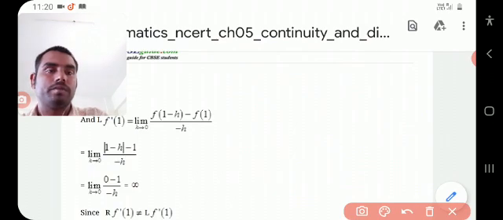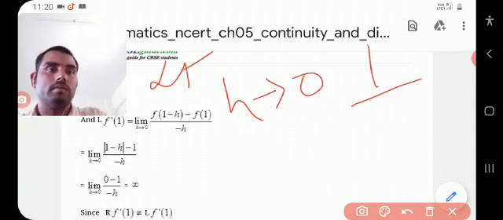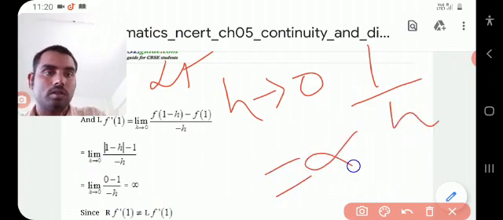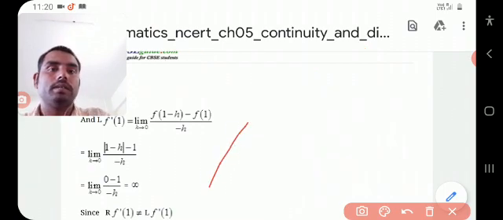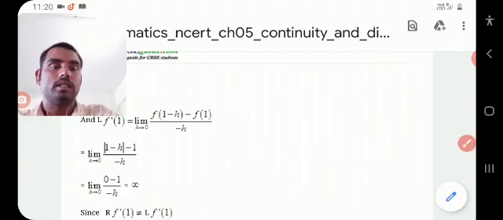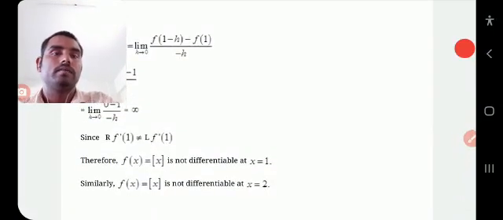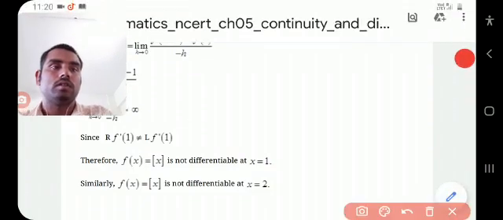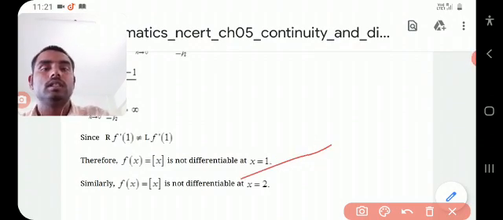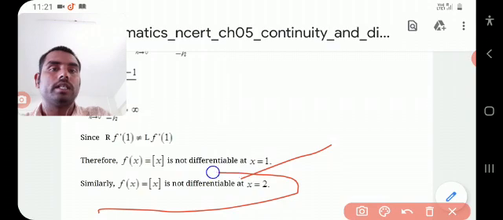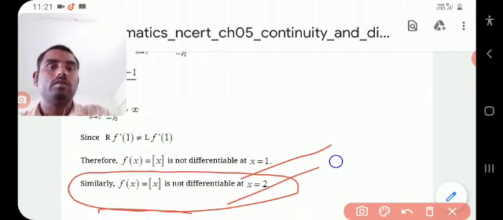So if limit h tends to 0 and the function is 1 by h, it tends to infinity. Okay, so here the left hand limit and right hand limit are not the same, so we can say the function is not differentiable at x equal to 1. In a similar way you will try at x equal to 2.